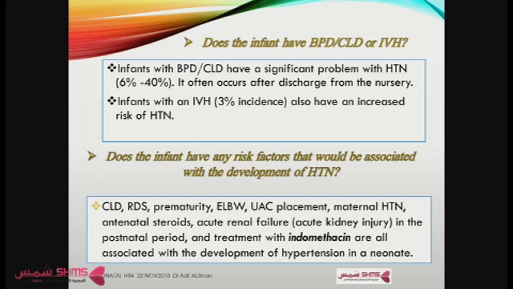Bronchopulmonary dysplasia, chronic lung disease, and intraventricular hemorrhage in infants, especially bronchopulmonary dysplasia and chronic lung disease, are said to be from 6 to 40%, and we'll see in a while about 13 to 40%, so it's up to 30%, and it may occur after discharge.